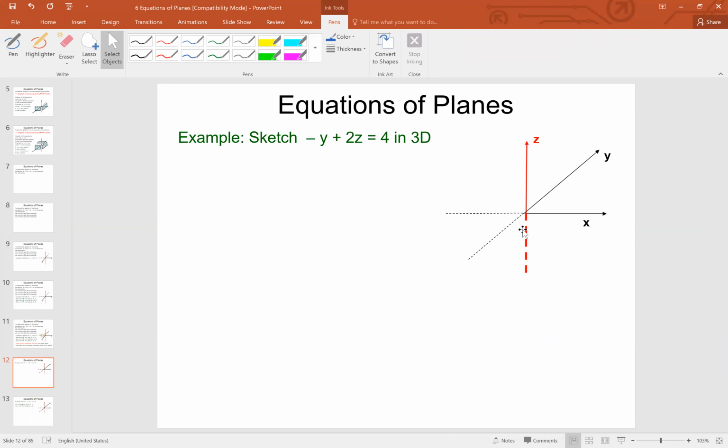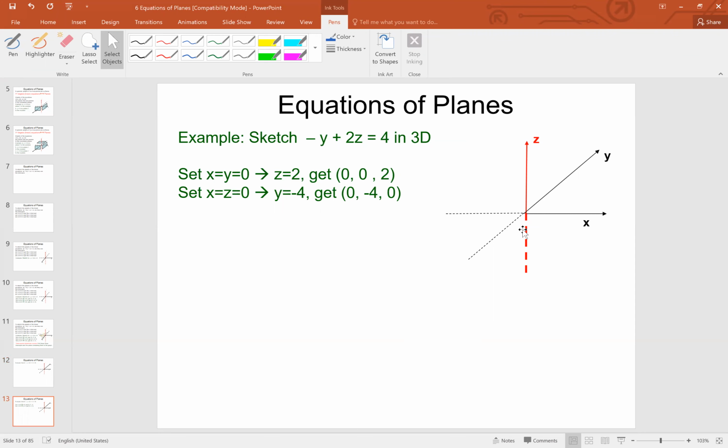If I have a variable that's missing, I'm skipping the examples and coming to this one first. In this case, x is missing, and to draw the plane we first draw the equation in the yz plane.